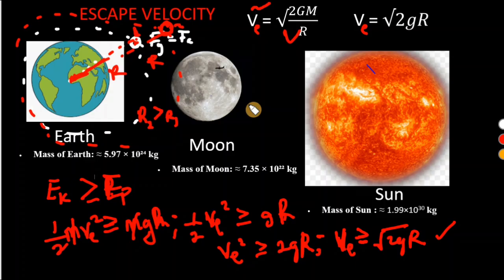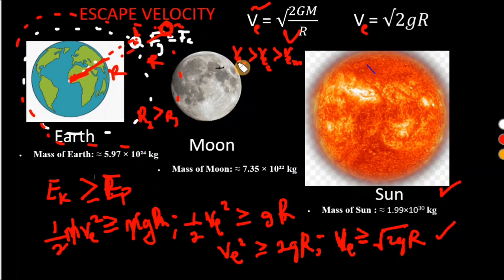The escape velocity of the sun will be greater than that of the earth, and that of the earth will still be greater than the escape velocity of the moon. Reason being that this is more massive, this is less massive.